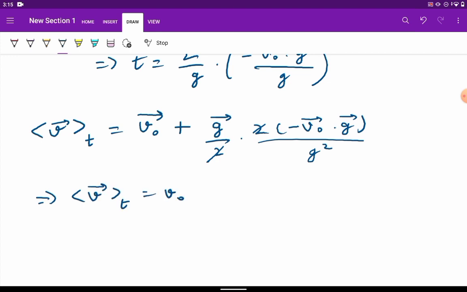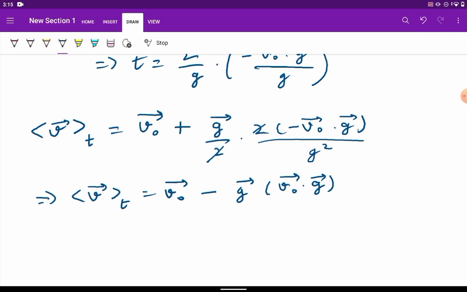So this gives me v naught vector, minus g vector times v naught dot g, which is a scalar, of course, because the dot product of two vectors is a scalar.